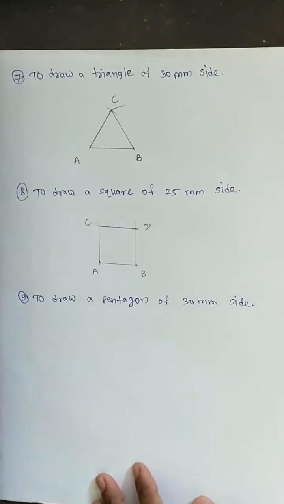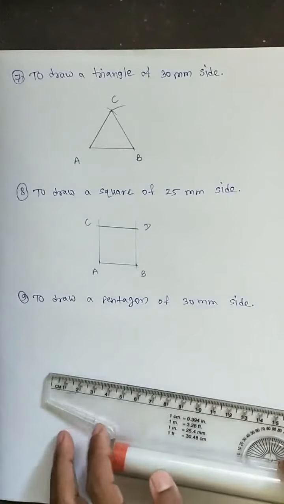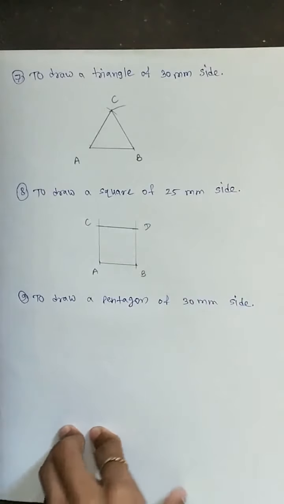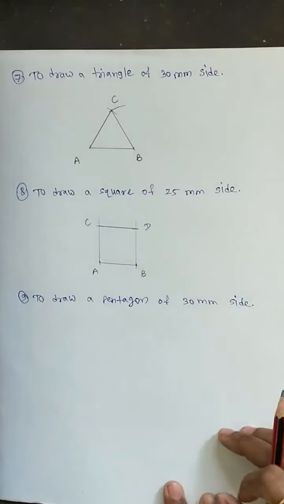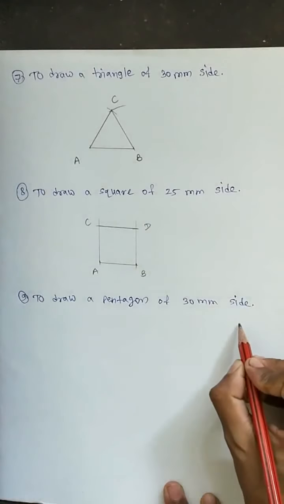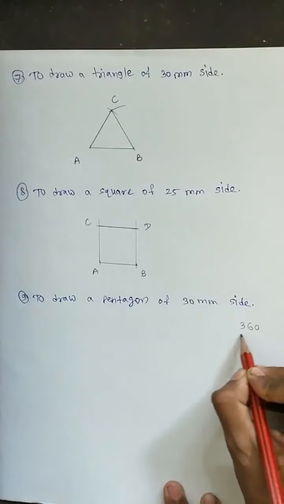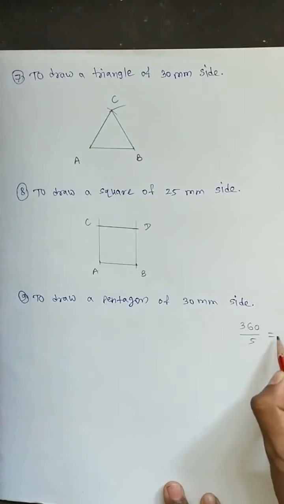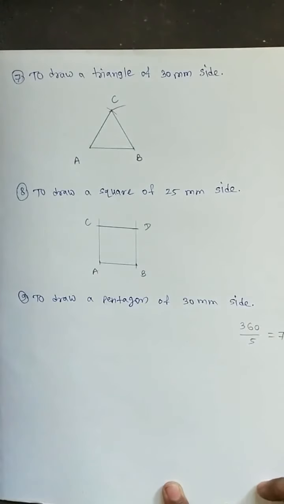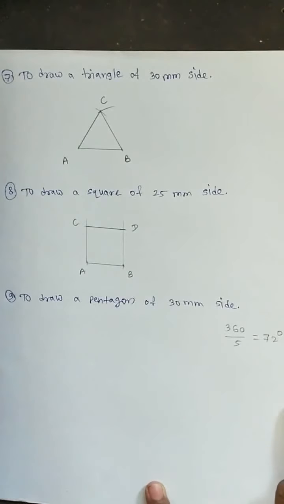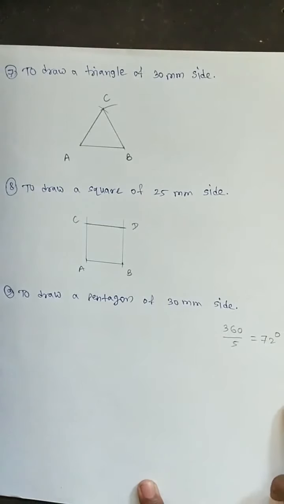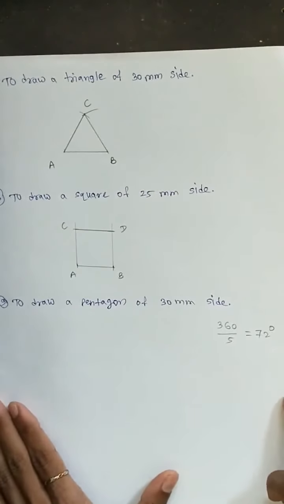So first of all, a pentagon has 5 sides. So 360 divided by 5. So angle will be 72 degree. You can measure it on your calculator. So angle is 72 degree.